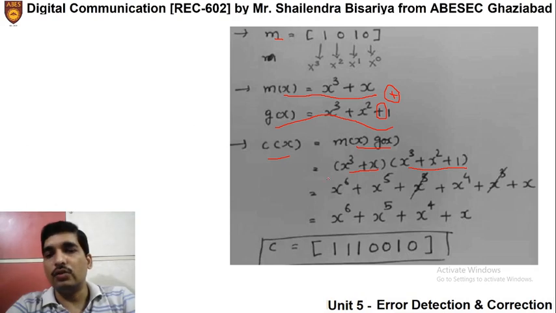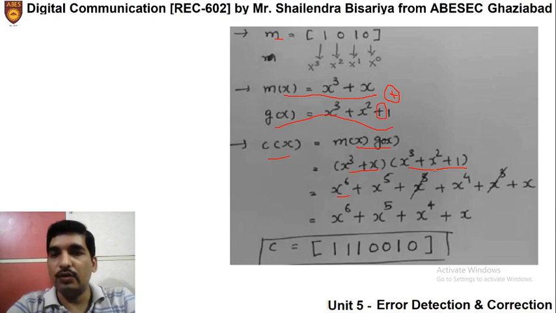Okay. So when we multiply these two terms, x cube into x cube gives us x^6, x cube into x square gives us x^5, x cube into 1 gives us x cube, then x into x cube gives us x^4, x into x square gives us x cube, and x into 1 gives us x.